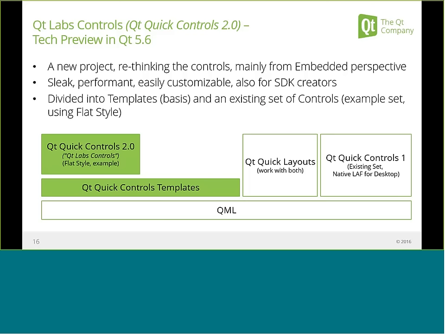So the new controls are split into two. First of all, there's this templates layer, something called Qt Quick Controls templates, and then as an example implementation, we're providing the Qt Labs controls. That's an existing set of controls and different styles to them.